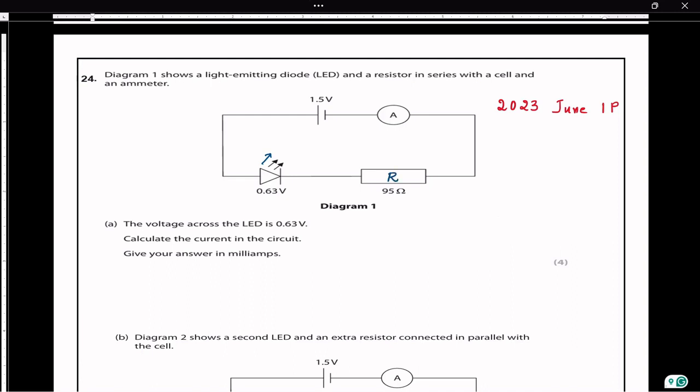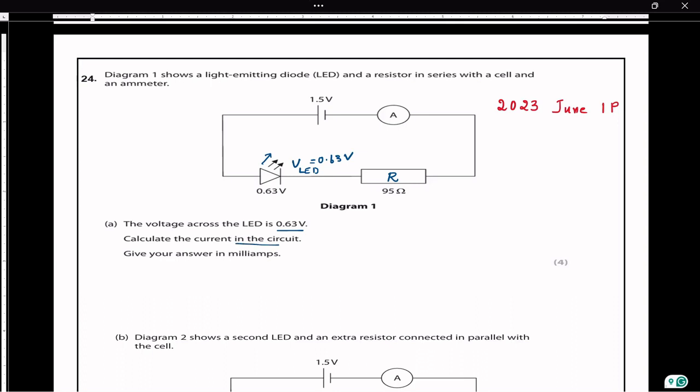The question is, the voltage across the LED is 0.63. So let us write the voltage across the LED, V of LED, which is 0.63 volts. Now calculate the current in the circuit. This is what they are asking.